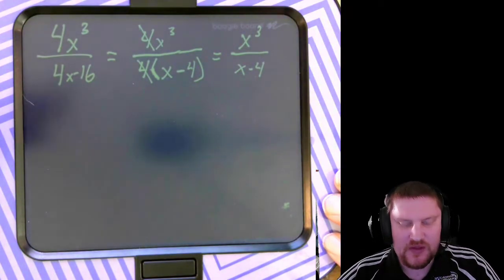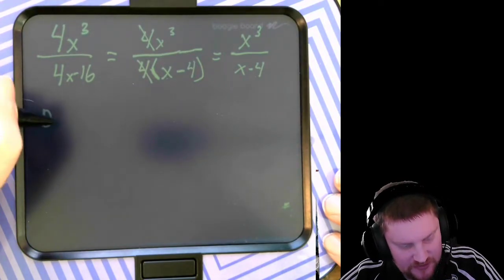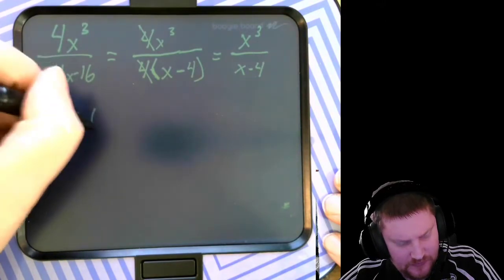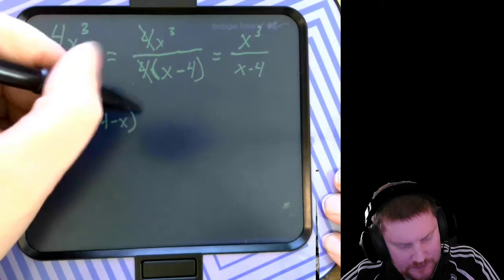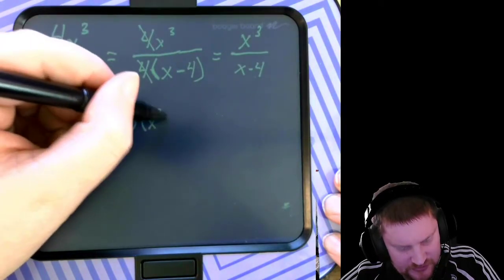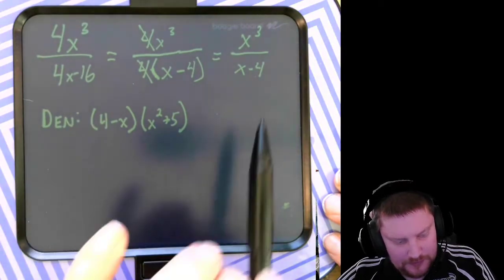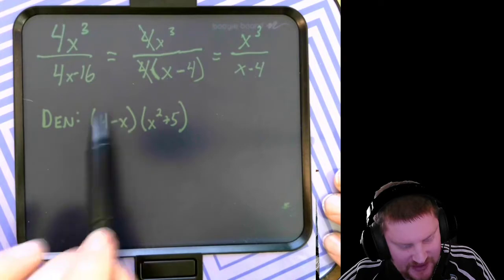However, that's not actually the denominator that they wanted. The denominator that I need to get to is 4 minus x and x squared plus 5. Well, I see I have x minus 4 and this is 4 minus x.